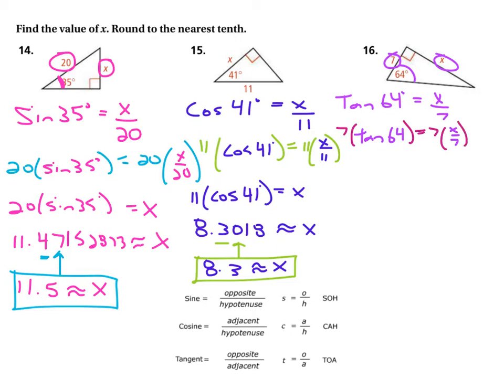Okay? And of course the 7 cancels out. And what you get as a result here then is 7 times the tangent of 64 equals x.